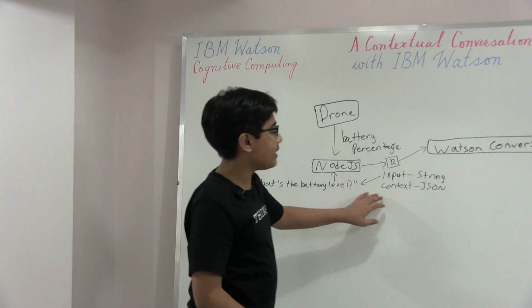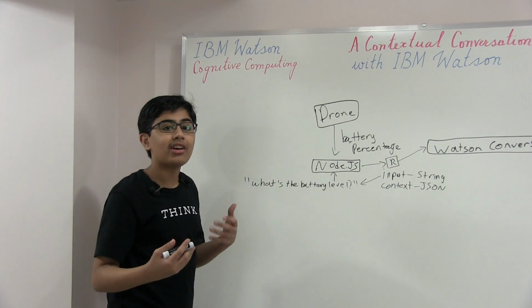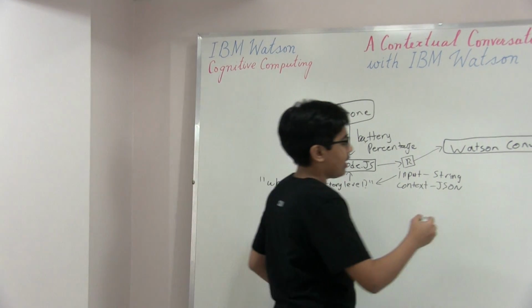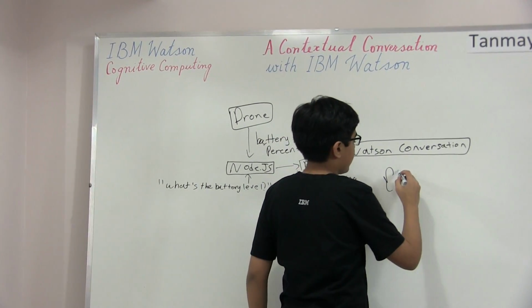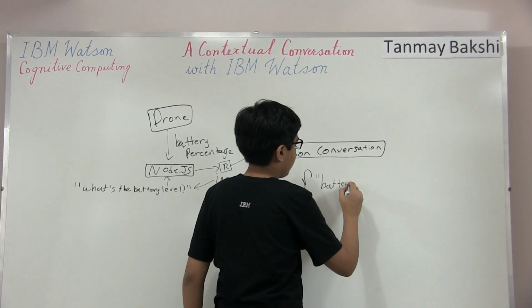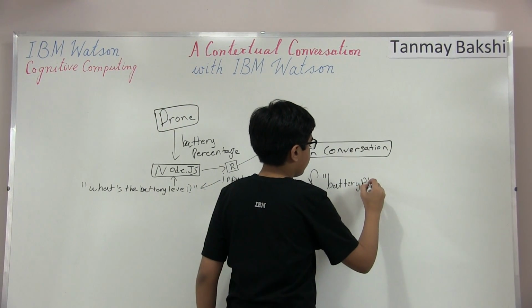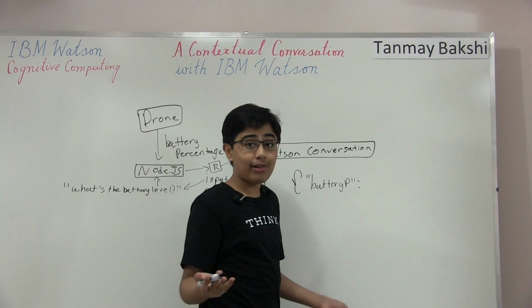Well, essentially the context is a JSON value. And this JSON value contains a key called battery P, okay? So if I just draw this, it contains a key called battery P. And the value is really however much battery is left in the drone.